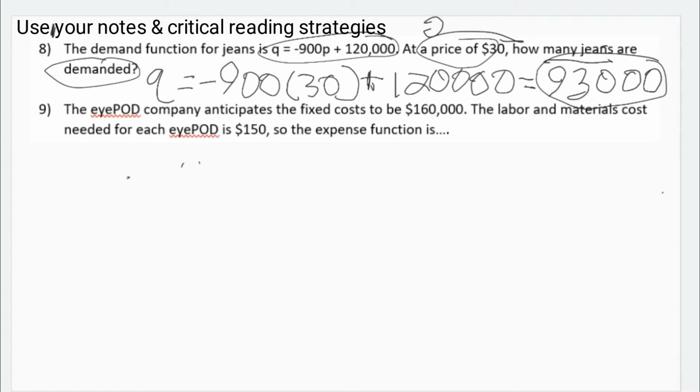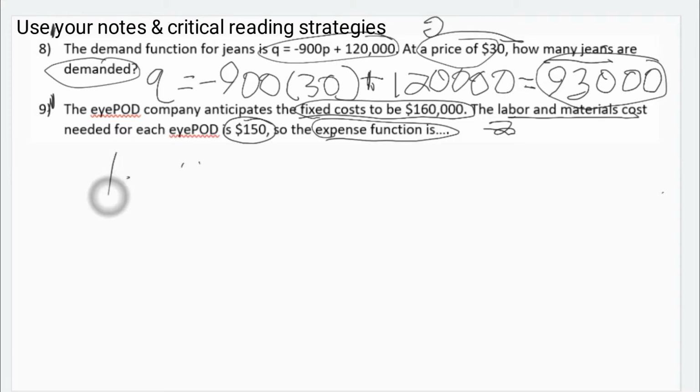Okay, so this one is asking us to write the expense function. So I look right here, expense function is. Okay, so that's our second sentence. This is our first. So it has a fixed cost of 160,000. The labor materials cost is 150. Remember, the expense function is equal to the variable cost times Q plus the fixed cost.